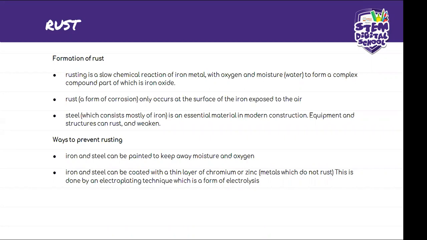Electroplating is simply taking a metal that does not rust to cover another metal that can easily rust. When we do that, it's called electroplating. And as you get to FET, you will understand the chemistry behind it. But for now, to prevent rusting, we can electroplate by using chromium or zinc. All right.